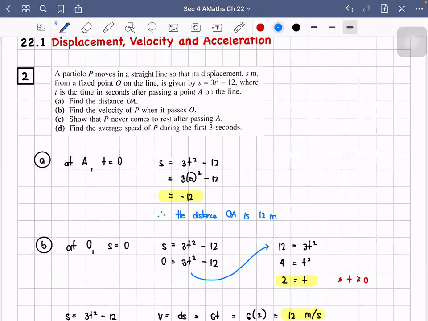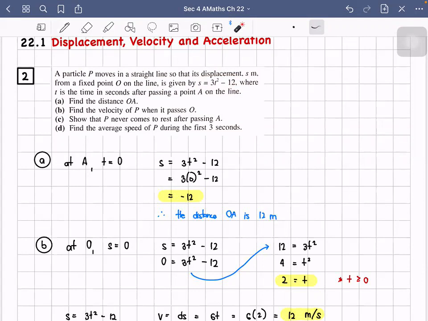The displacement function is 3t squared minus 12, where t is the time in seconds after passing a point A on the line.